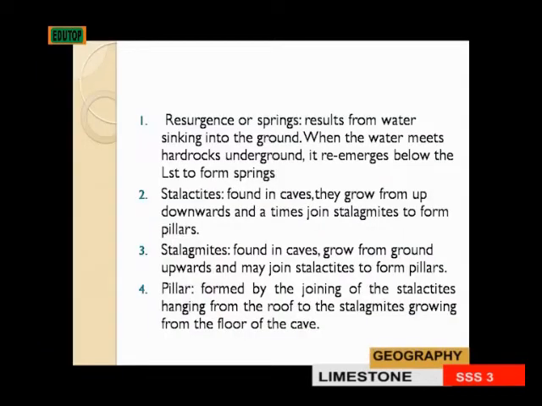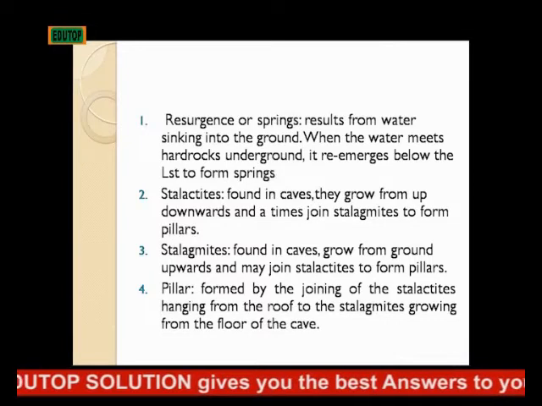And at that point where they meet, a pillar is formed. So a pillar here is formed by the joining of stalagmites and stalactites as they grow in the cave.